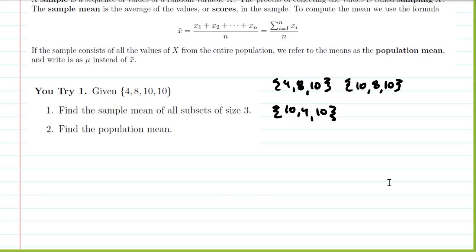And I think that's going to be it, right? I don't think there's any other subsets of size 3. 4, 8, 10, 2 tens. Yep, that should be it. So go ahead and find the mean of those 3 sets, and then find the population mean.